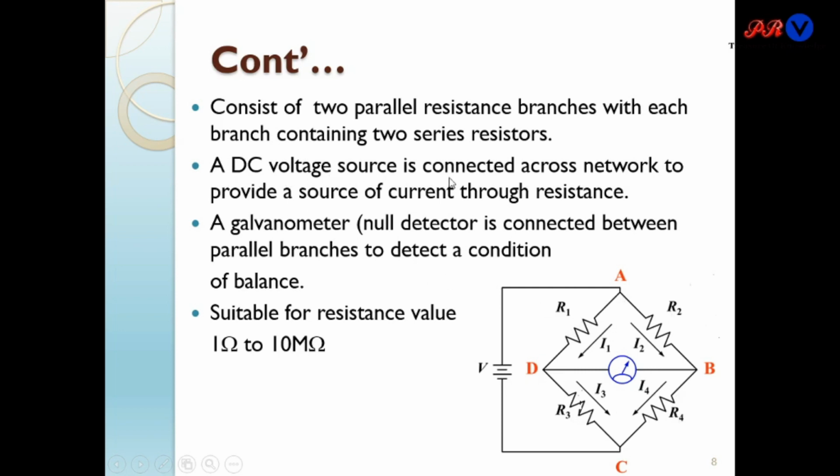A DC voltage source is connected across the network to provide a source of current through the resistances, and a galvanometer or null detector circuit is connected between the parallel branches to detect a condition of balance. It is suitable for resistance values of 1 ohm to 10 megaohm.